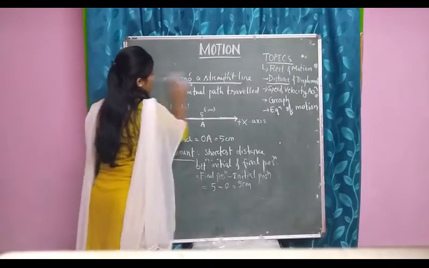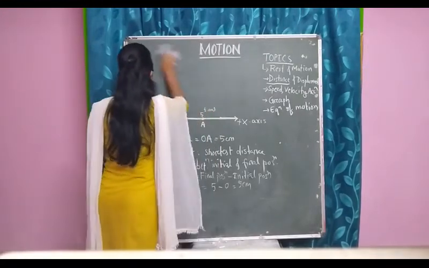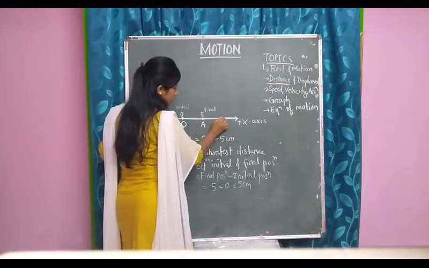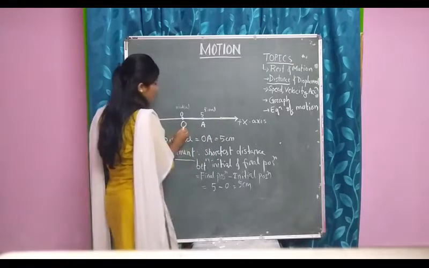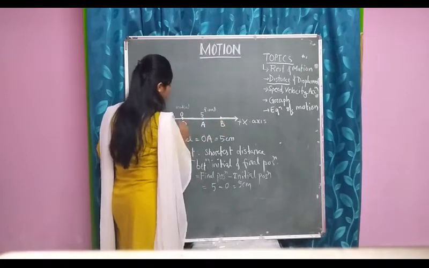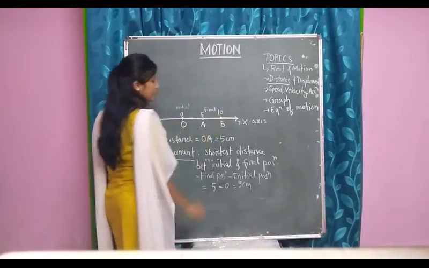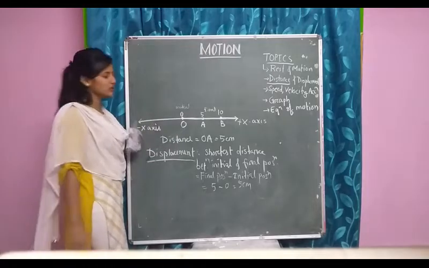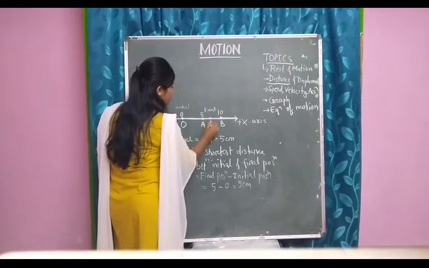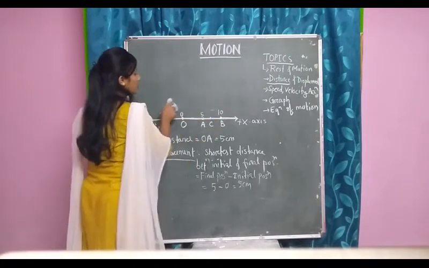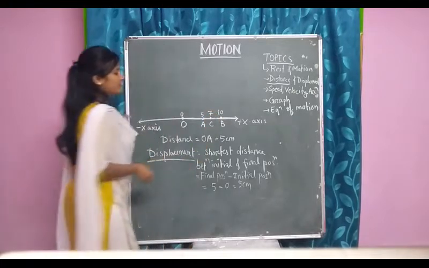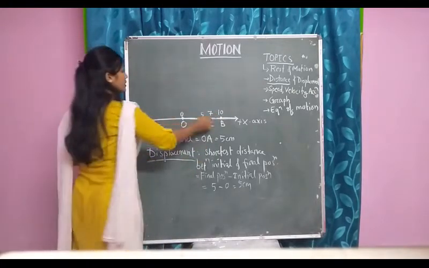Let us go for another example of displacement. Suppose now the body is moving along this direction. It first moves from O to A, then it goes to point B, which is at a distance of 10 centimeter along the x-axis. Again it is coming back to point C. So what is its initial position, and the final position is, suppose, 7.